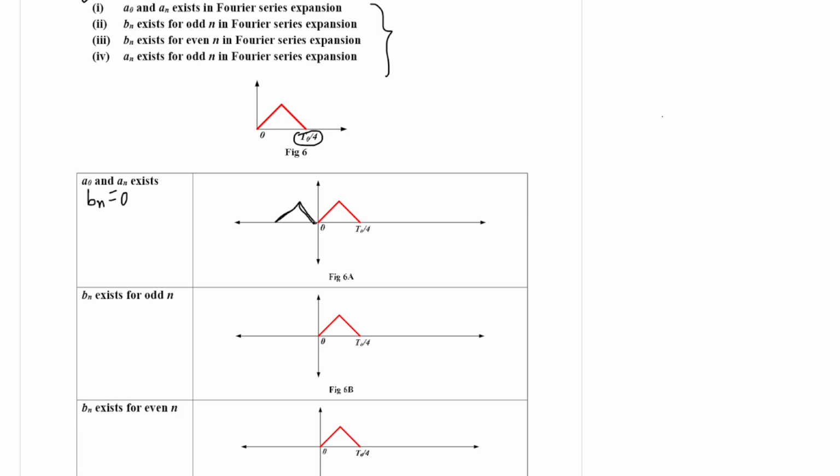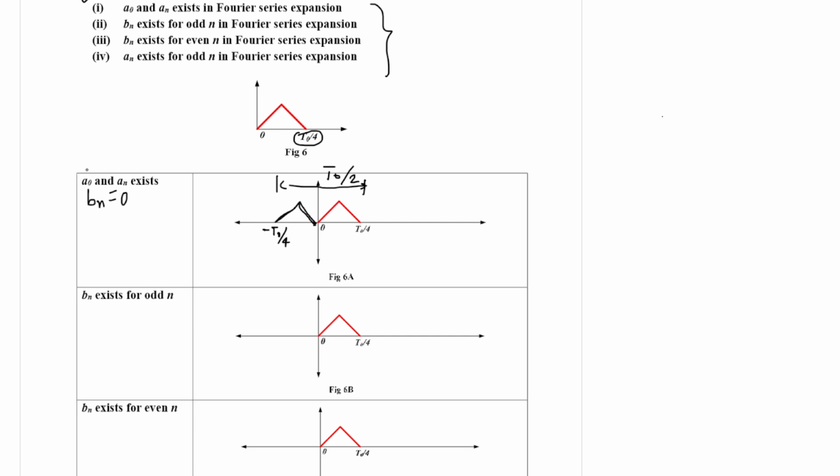So it should extend to minus t0 by 4. So this becomes the half cycle, which becomes t0 by 2.